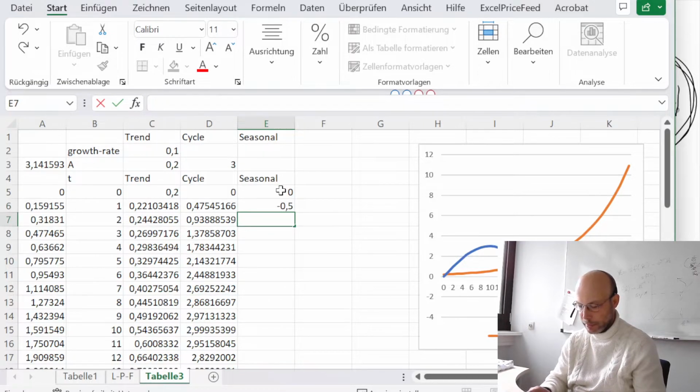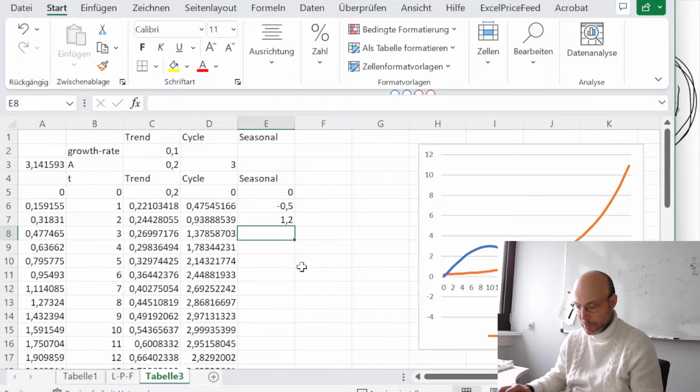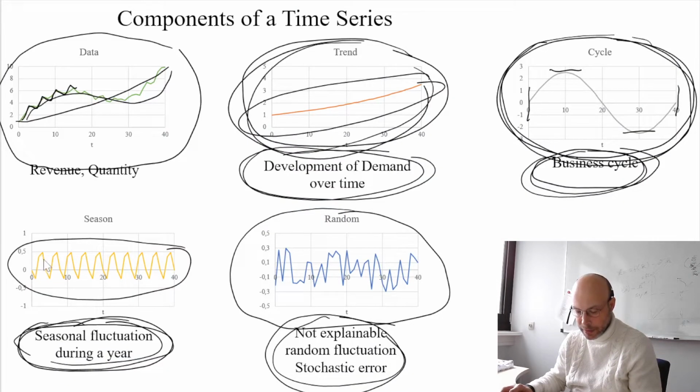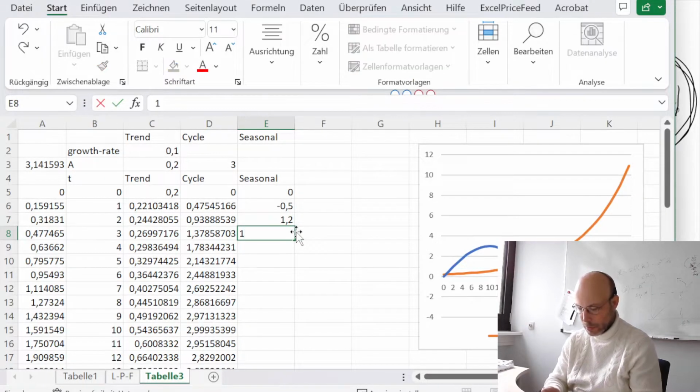Then during spring, we are moving up again, maybe 1.2. And even going up a little bit, like this pattern, this small upwards trend, so 1.4, and then this pattern should be repeated every year, so every 4 quarters.